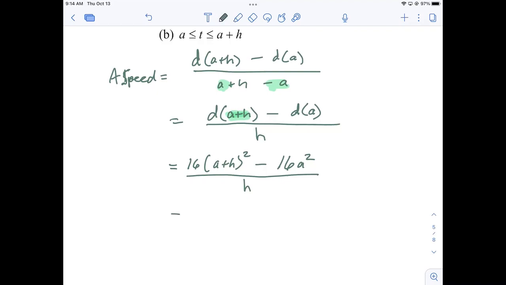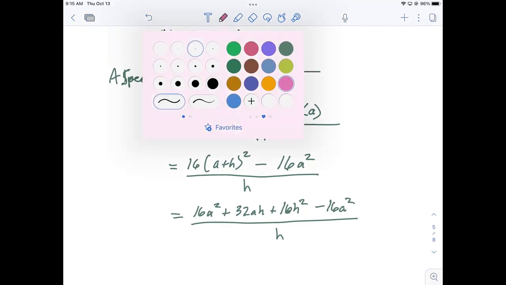Now we expand it out. Square, multiply, double, square, we get 16a squared. Plus multiply and double, you get 2ah times 16 is 32ah. Plus h squared times 16 is 16h squared. Minus 16a squared on the end, all over h. Now does it look like anything? Still no deja vus? Okay, what happens with your 16a squares?